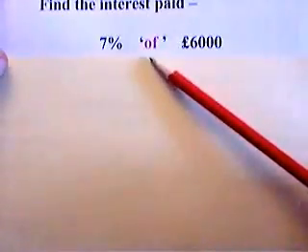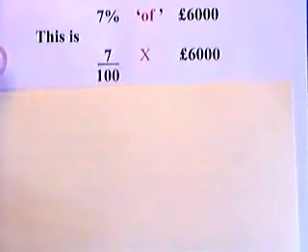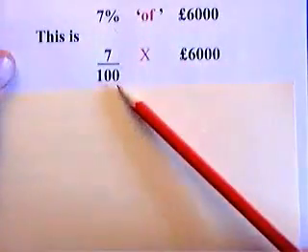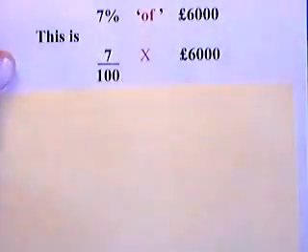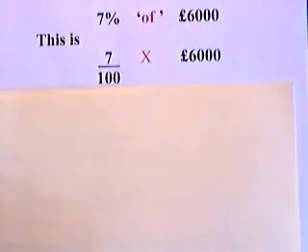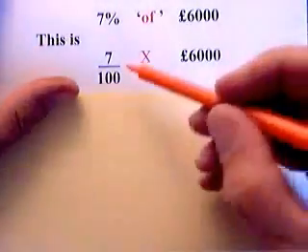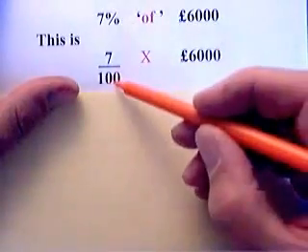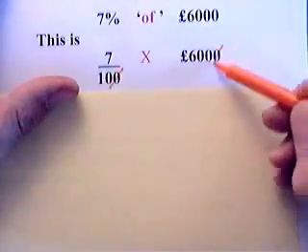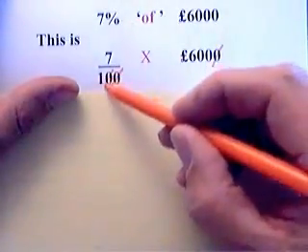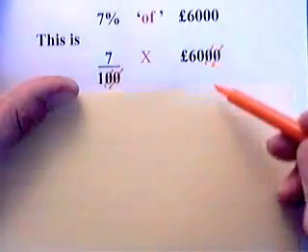The "of" will turn into a multiply sign, and the 7% will turn into a nice fraction like that. Again, we have zeros on the bottom and zeros on the top, so I can cancel 1 0 there with 1 0 here, another 0 on the bottom there with another 0 on the top there.